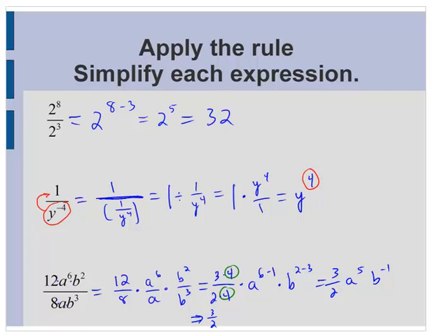And let me think of that a to the fifth as a to the fifth over 1, and that b to the negative first as a reciprocal of b to the first. Multiplying these back out, I would have 3a to the fifth over 2b.